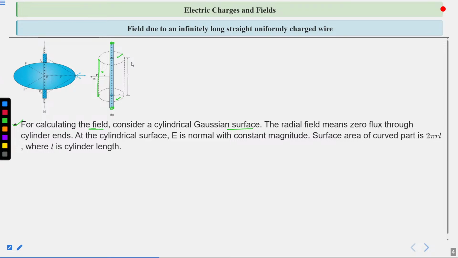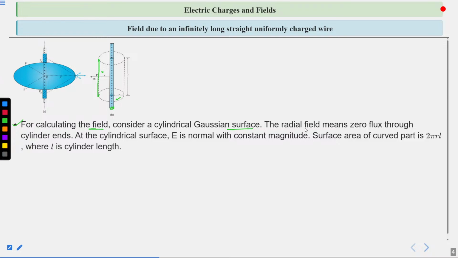Why do we neglect them? Because the wire is infinitely long, the effect of the electric field there is negligible. So we calculate only for a small line element.